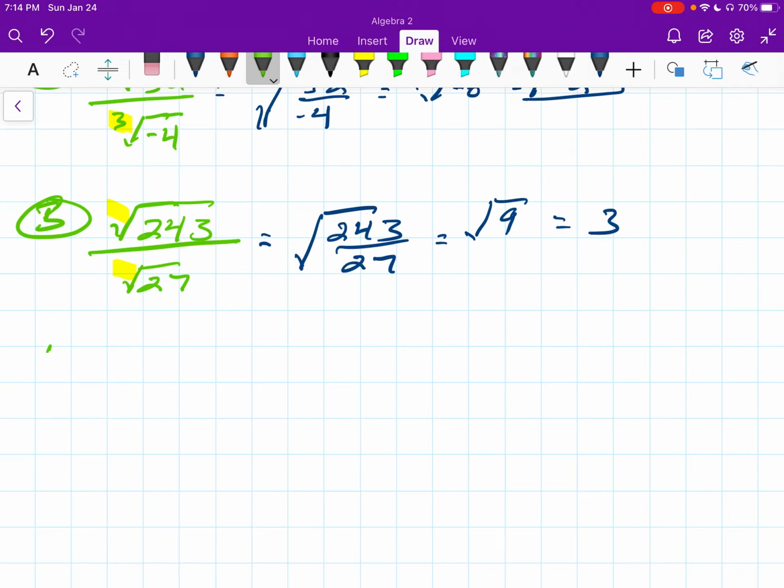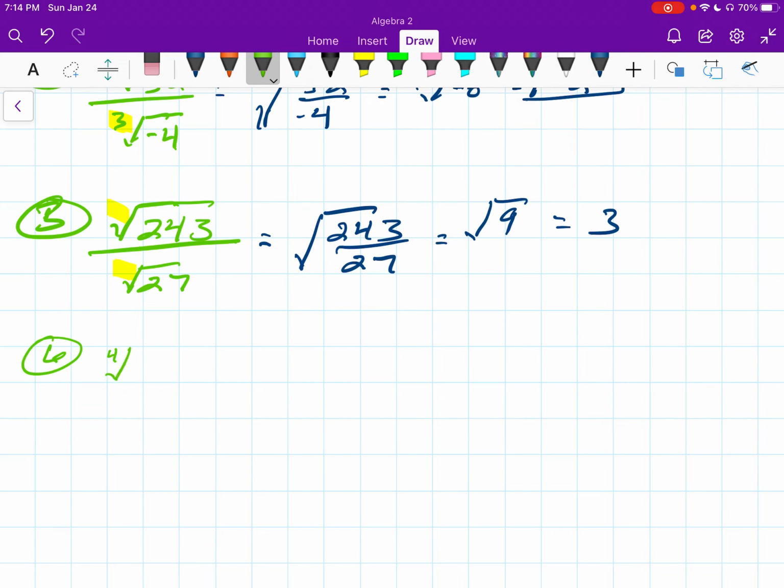All right, example number 6. We're going to have the fourth root of 1024 x to the 16th over the fourth root of 4x.